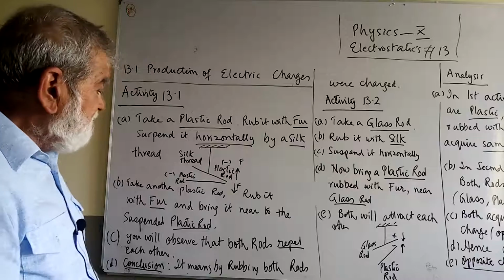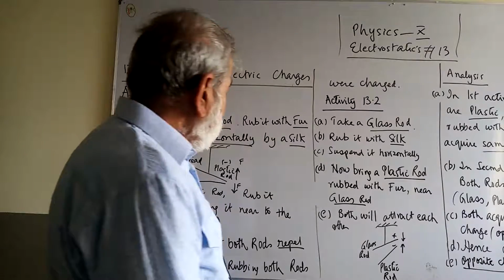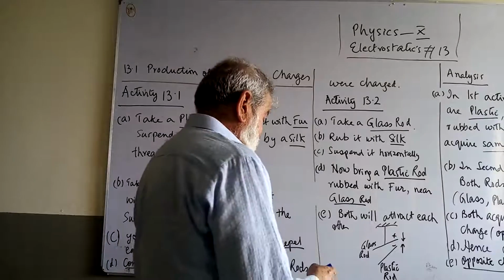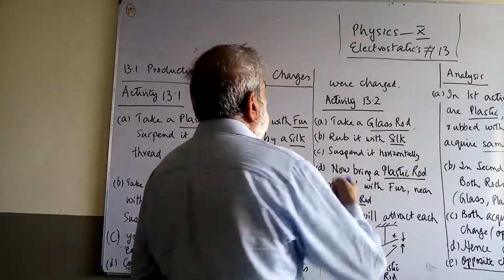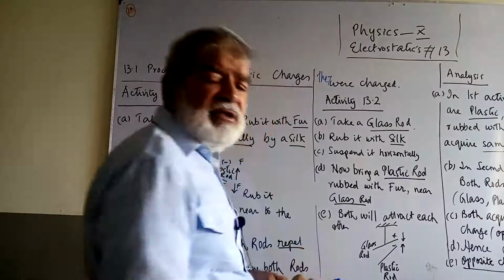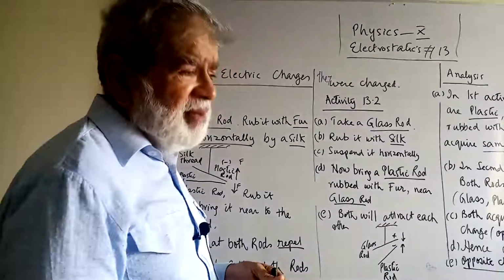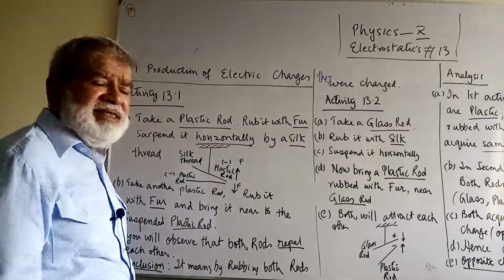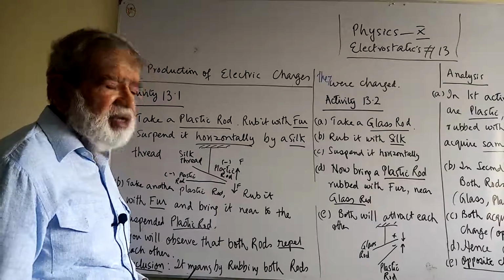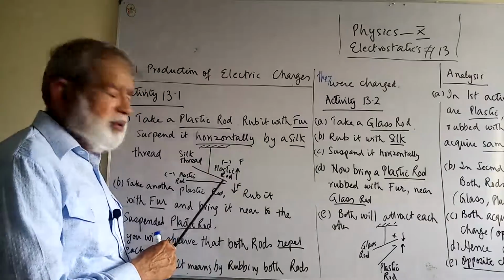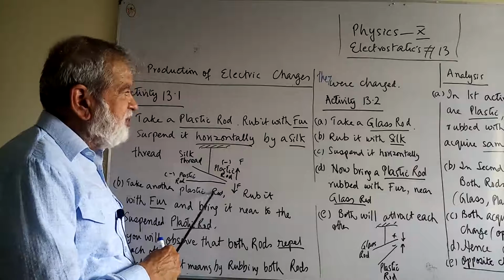So, conclusion: by rubbing both rods, they were charged. If you take the same kind of rods and rub them with fur, like a plastic rod rubbed with fur, then the same kind of charge appears on them, and that was the cause of the repulsion between the two plastic rods.